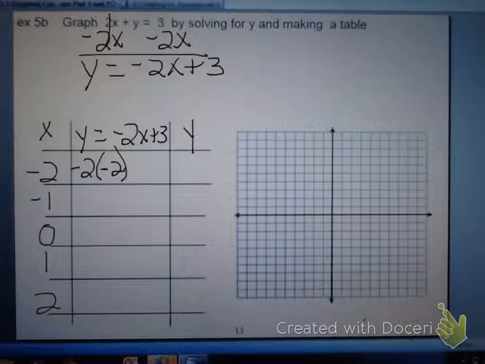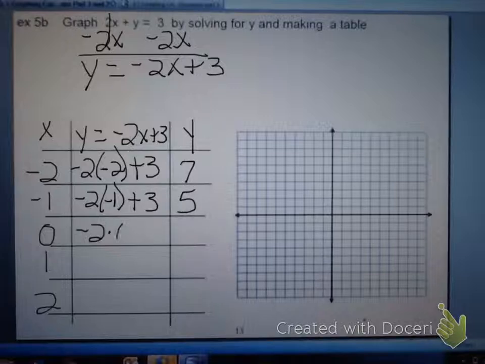Negative 2 times a negative 2 is a positive 4, plus 3 is 7. Negative 2 times a negative 1 is a positive 2, plus 3 is 5. Negative 2 times 0 is 0, plus 3 is 3. Negative 2 times 1 is a negative 2, plus 3 is a positive 1.